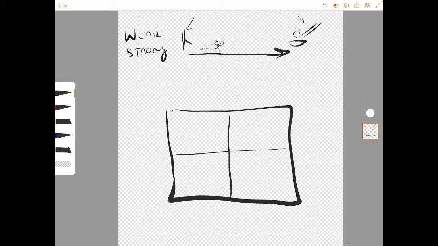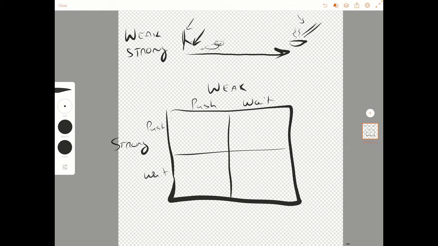So let's put the payoffs into a matrix. We'll put the strong pig over here, put the weak pig up here. And so the strategies are either to push or to wait.